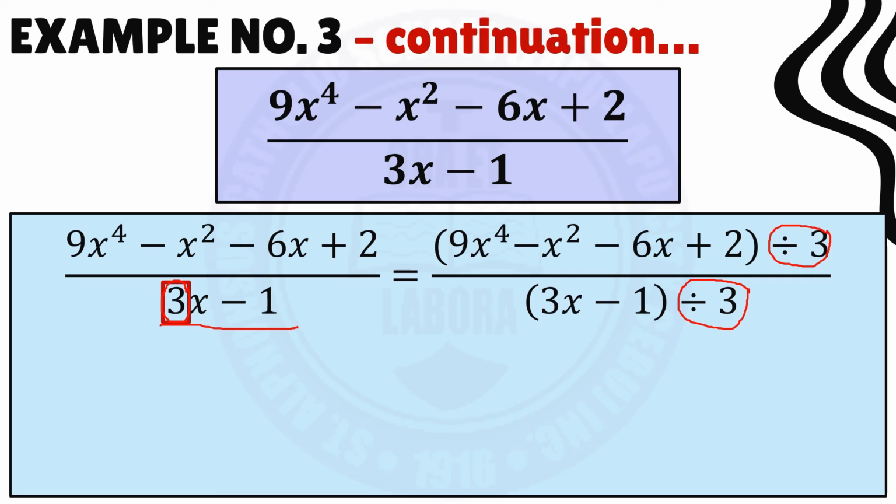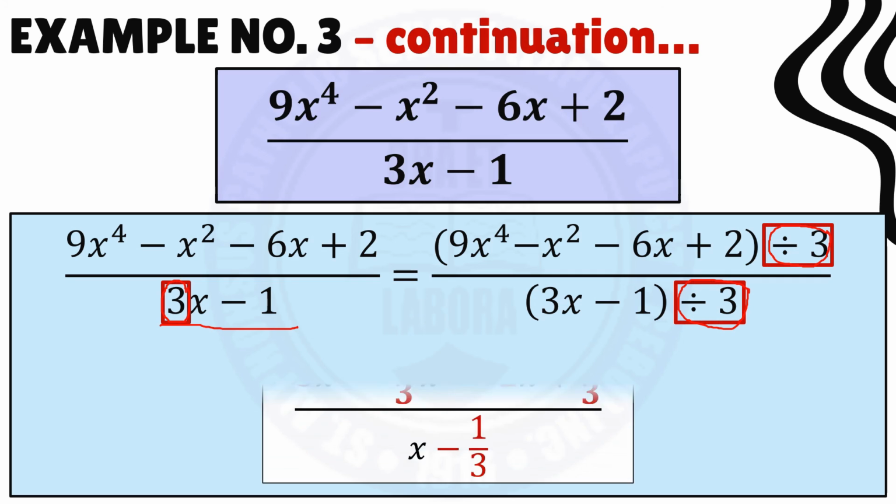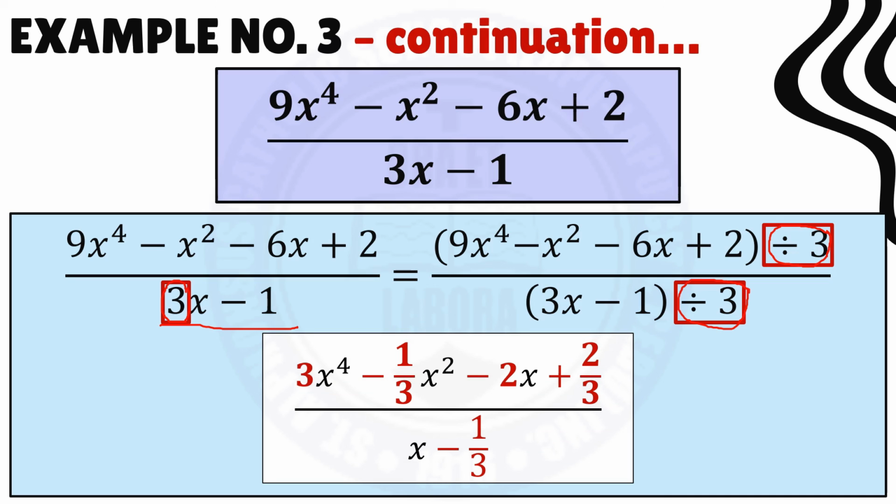So to divide each term of your dividend with 3. So 9x raised to 4 divided by 3 is 3x raised to 4. Negative x squared divided by 3, negative 1/3 x squared.